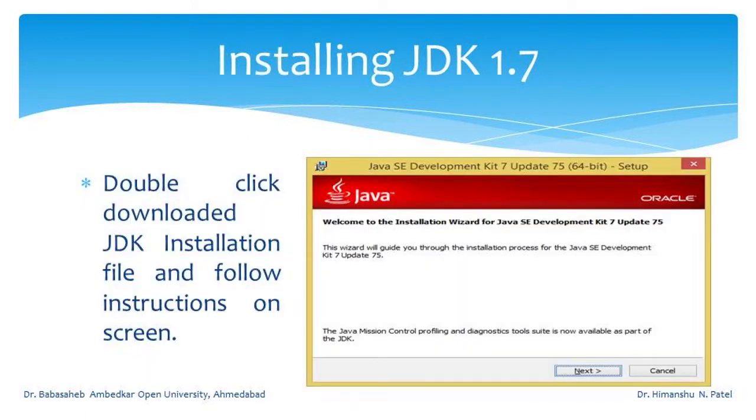Once you download this executable file, you have to double click the downloaded file and it will start installing JDK 1.7. When you double click that executable file, it will show a screen similar to this, and here you have to press the next button to continue your installation.